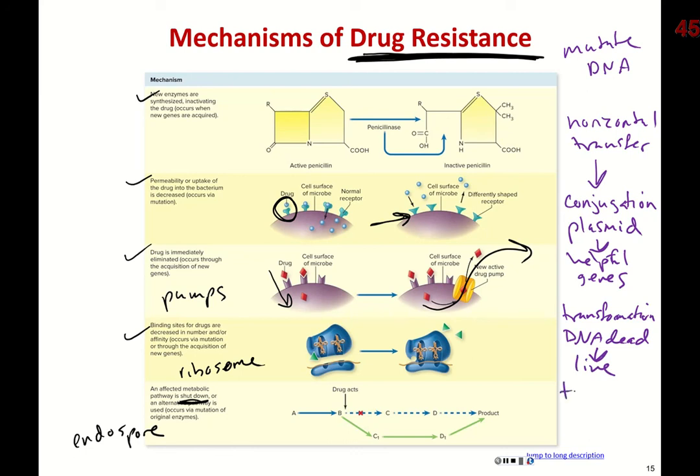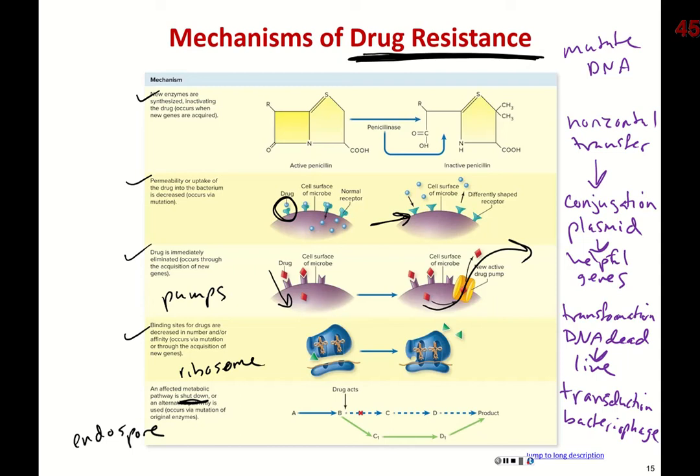And then the last one was transduction. Okay, so that one was when a bacteriophage was the one that was transporting the gene from one bacteria to another.